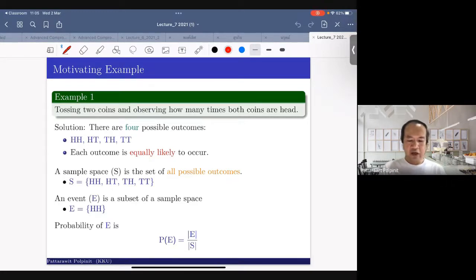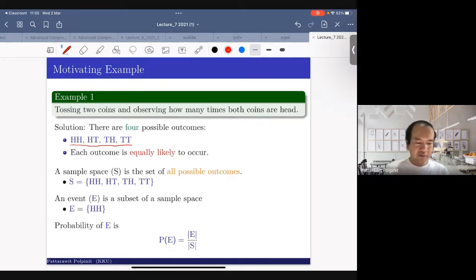If you toss 2 coins, the possible outcomes are HH, head head, HT, head tail, TH, tail head, and TT, tail tail. Those are all the possible outcomes.